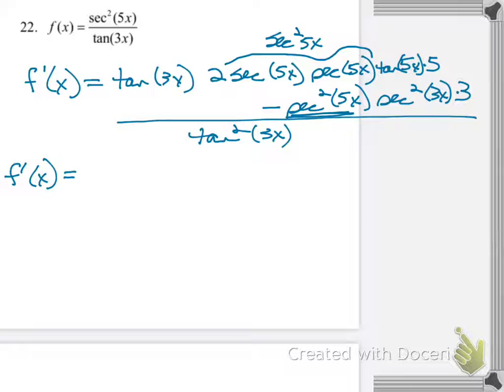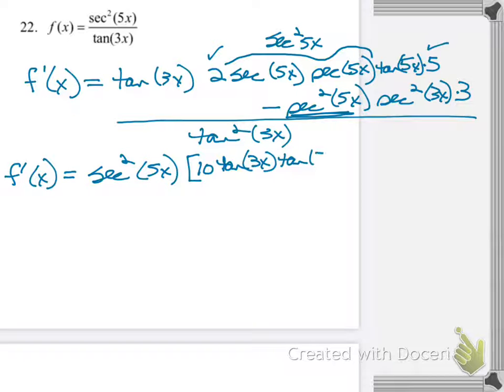I think the answer is no. So I'm going to factor out a secant squared 5x, and then to get the numerator back, I need a couple of things still. I need a 2 and a 5, which is a 10. Then I need tan 3x, and I need tan 5x. That gets the first term back.